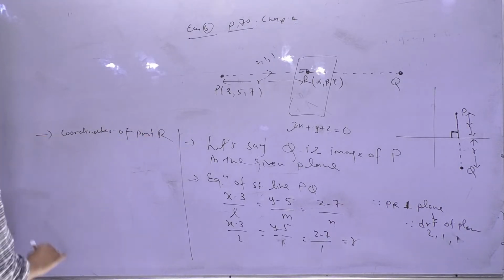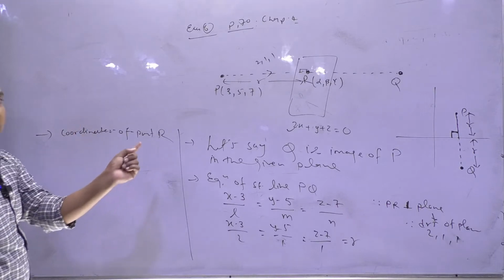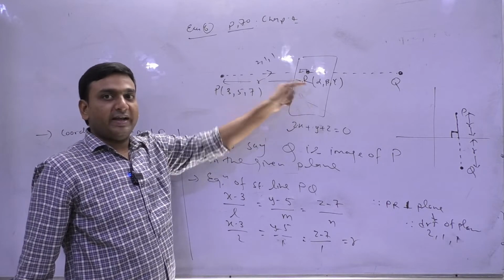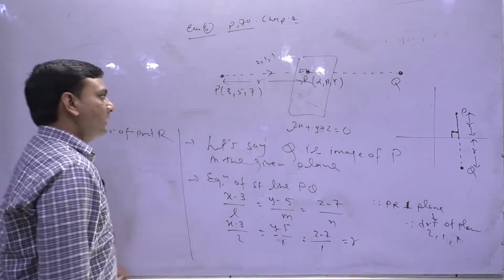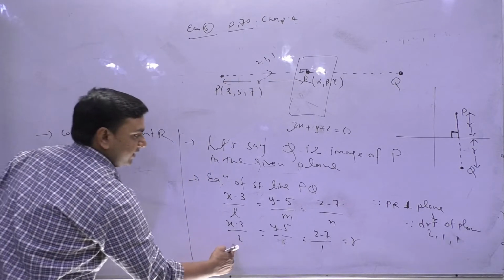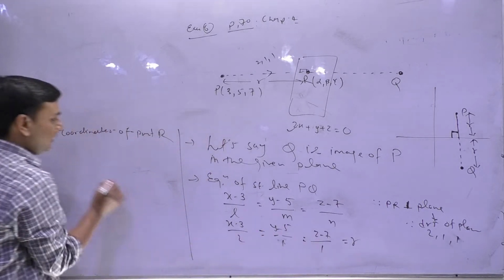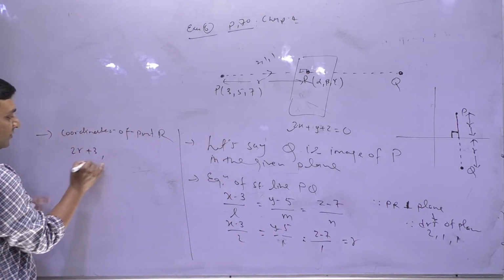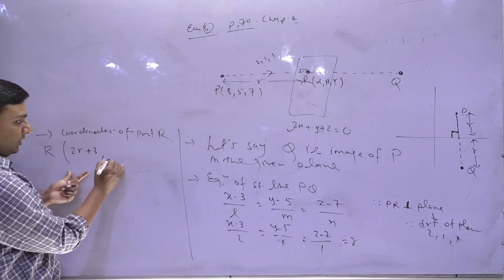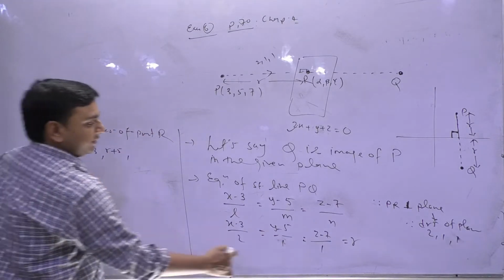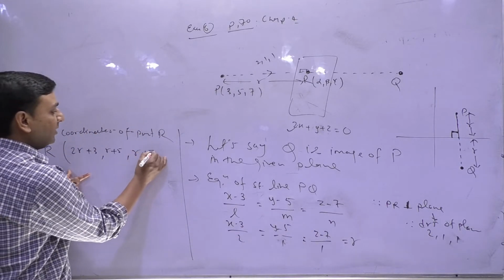Step by step we'll be moving. क्या बताया था अभी? A point at distance r from a fixed point on that straight line. यहां से देखिए, x equals 2r plus 3, so 2r plus 3 are the coordinates of R. y will be r plus 5. z will be r plus 7.